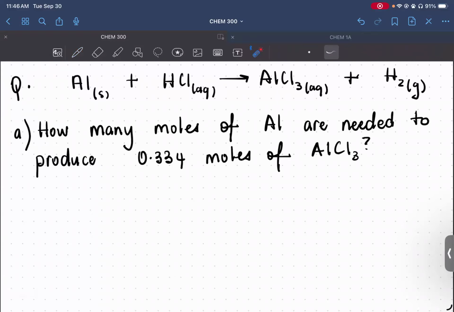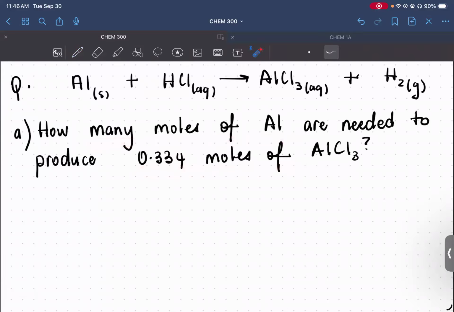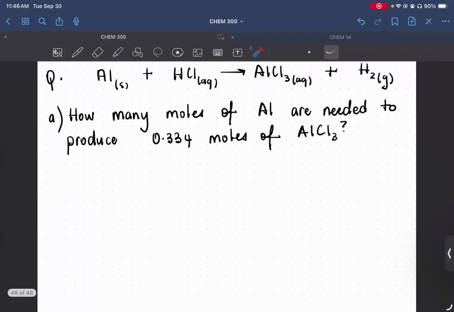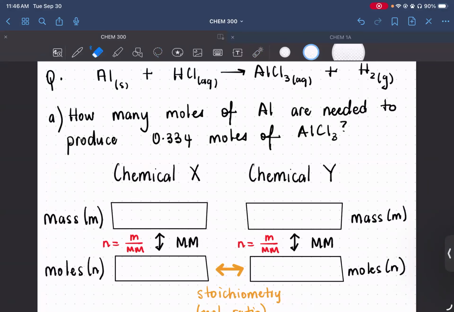Let's think about what the question's asking us. We're being asked information about one chemical and being given information about another chemical. The fact that I'm able to summarize this question in this way is the immediate proof that we will be using the roadmap. So I'll give you time to draw the map yourselves. We know what it looks like on the board, and I'm of course having it up on the projector.